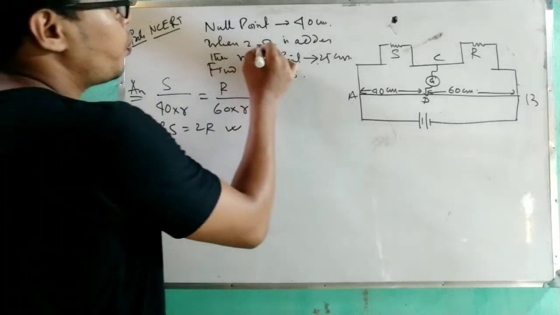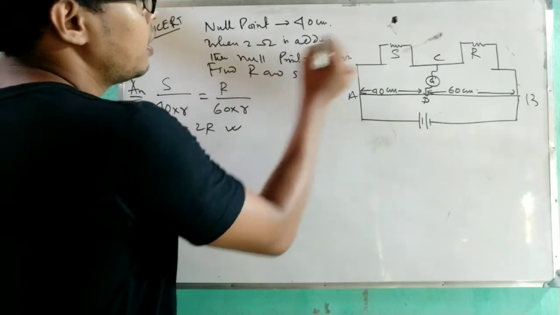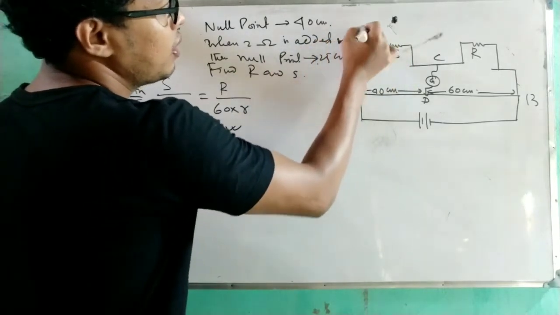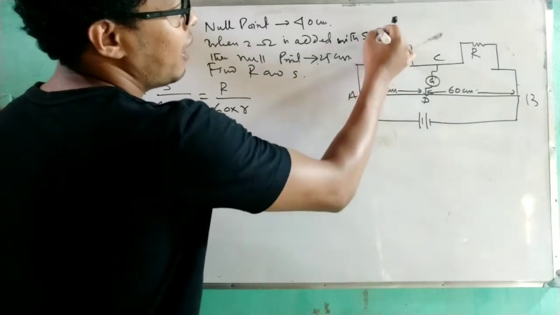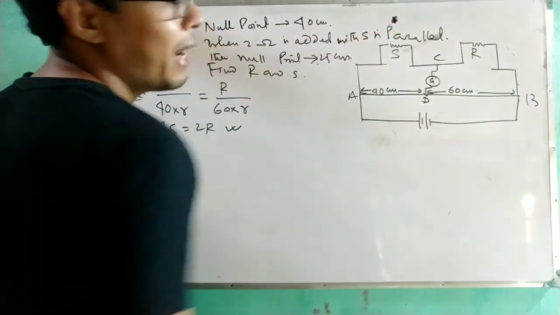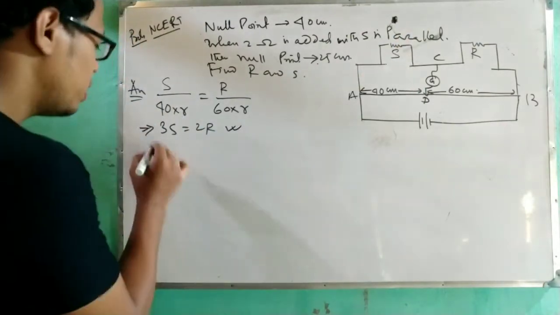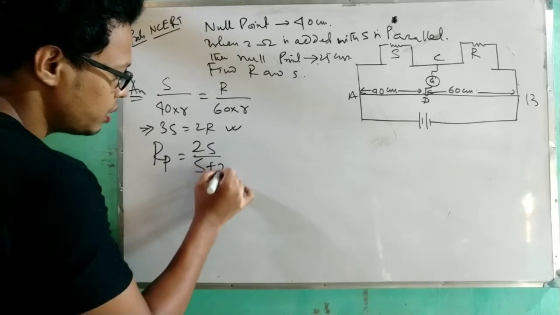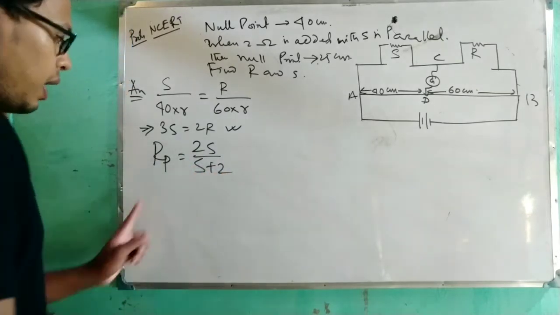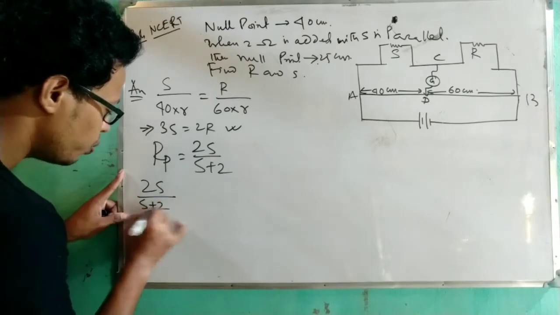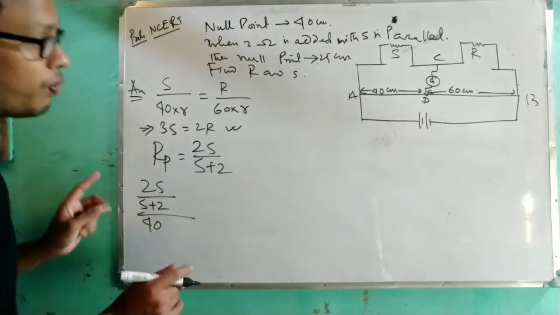Now in the second case, when 2 ohm is added, then 2 ohm is added with S in parallel. Okay, there is a parallel connection with S. So the equivalent resistance will be twice S by S plus 2. Clear? Now from here we can write twice S by S plus 2 divided by 40, not 40.